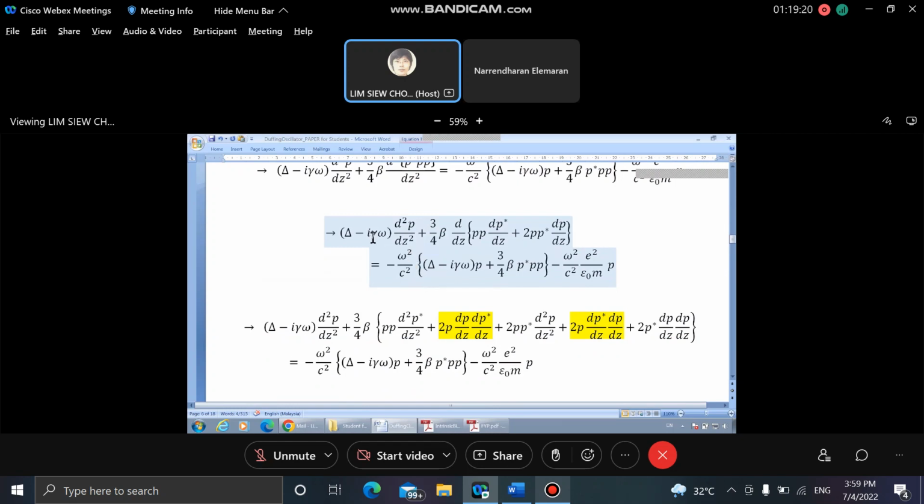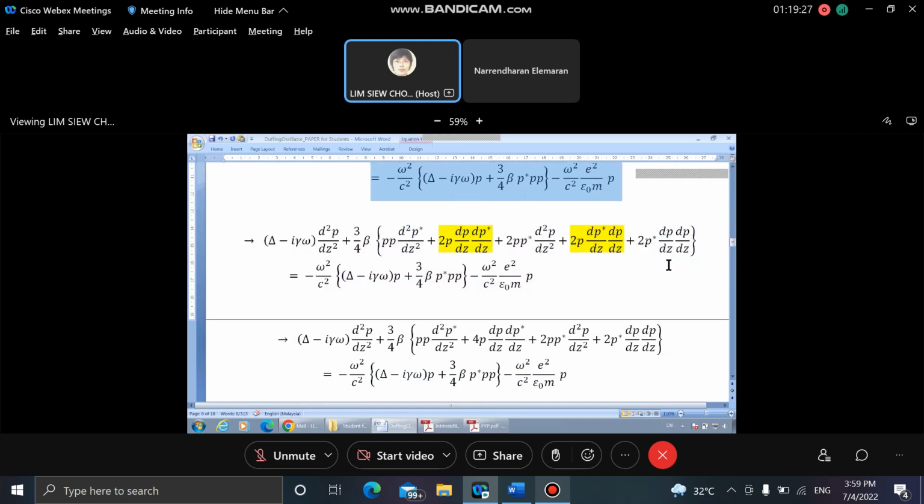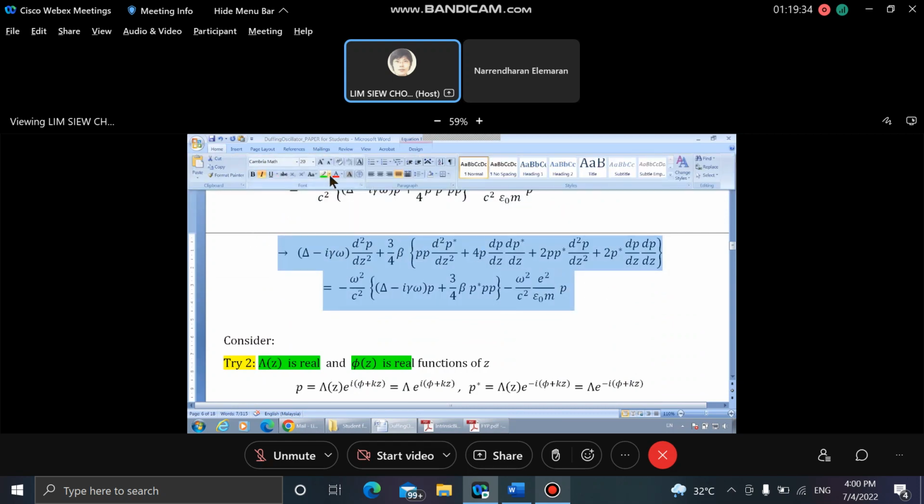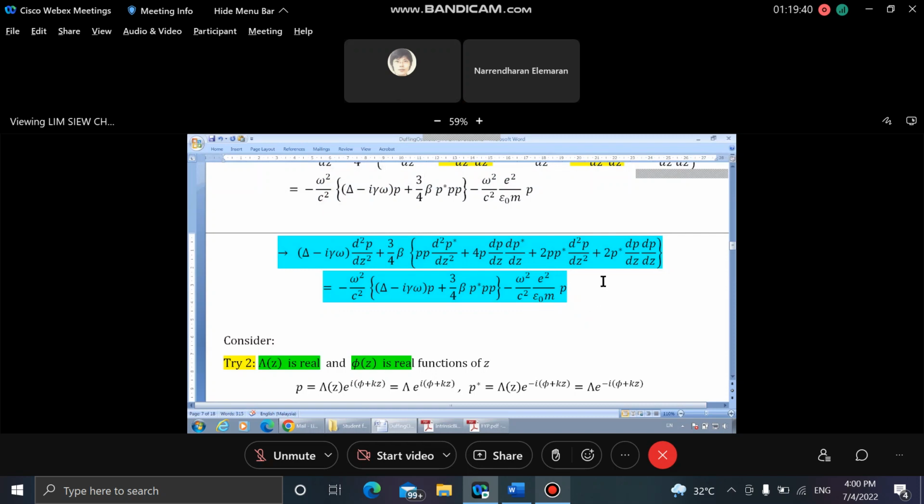We substitute into this equation. Okay, let me make it. What color do you want? Blue. We substitute all the P and its derivatives into here. So this is the result that combines the results in the article and the wave equation.